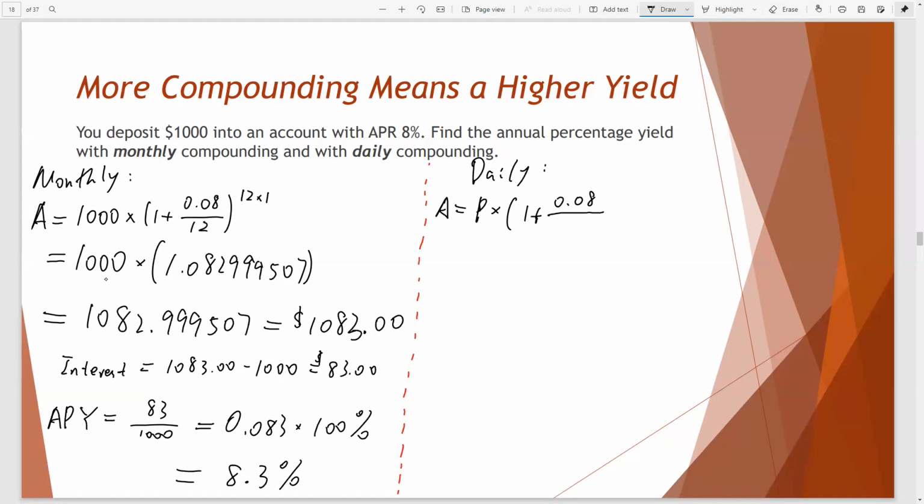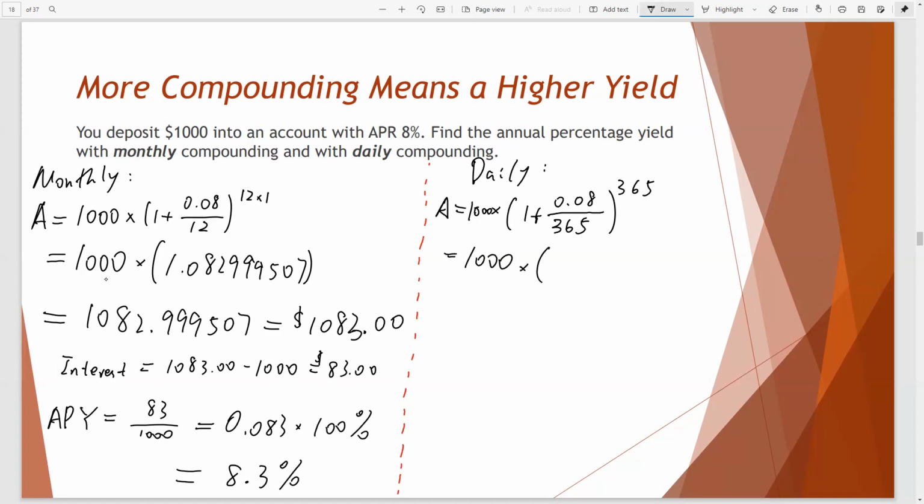Usually in the financial world, we assume 360 days a year, but it doesn't matter. We just use 365 for our case. Principal is 1,000.